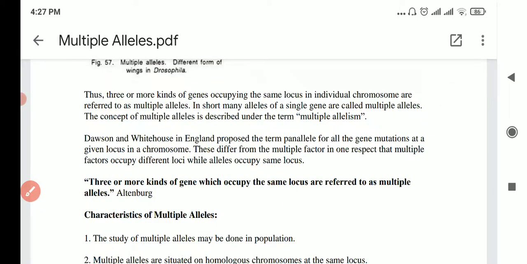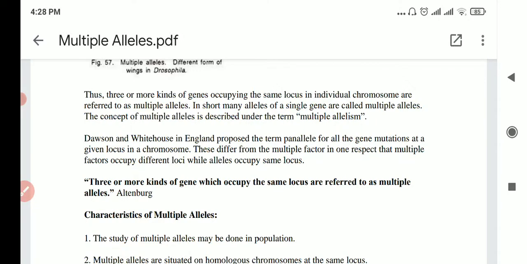Just from that image, it shows you how multiple alleles express. I think it's already clear from when I explained the flower color. So there are three or more kinds of genes occupying the same locus.